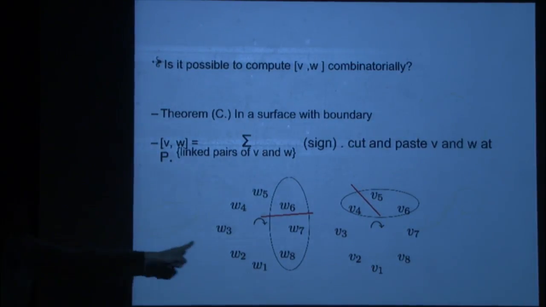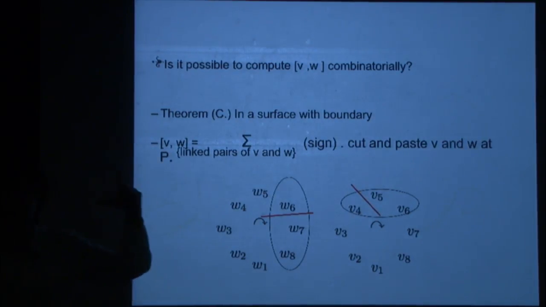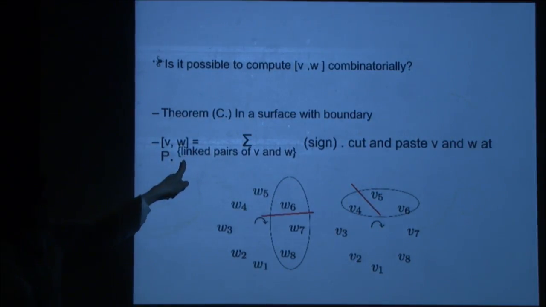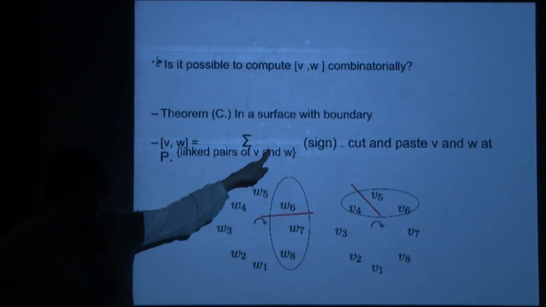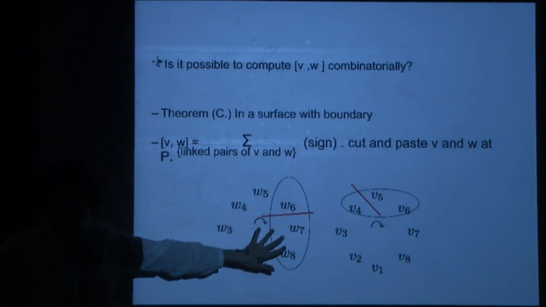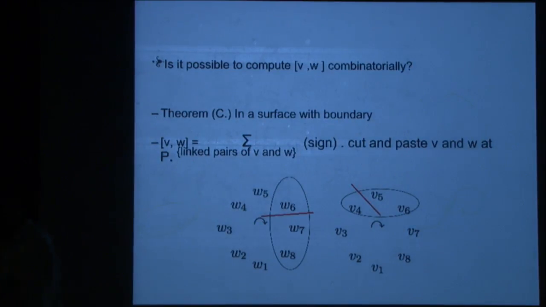These are oriented words, because you have a way of reading them. So when you have 2 oriented things, you can reattach them so that the arrows make one single curve. And then the bracket is the sum over linked pairs, these pairs that imply intersection, with some sign that can also be computed combinatorially, and then you cut and paste the curves.